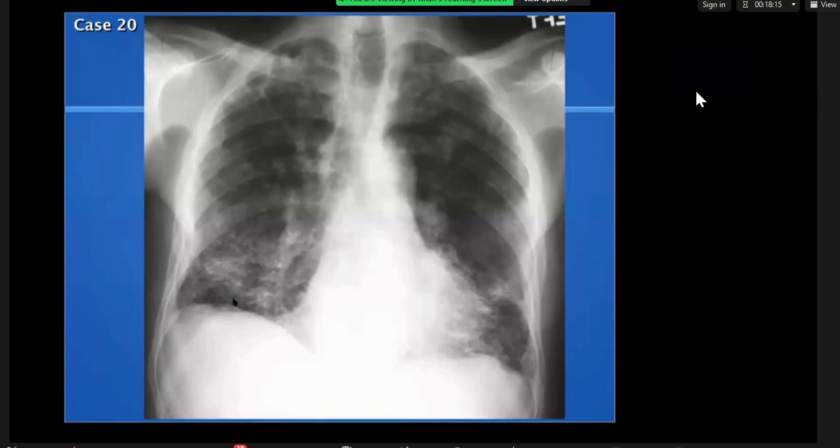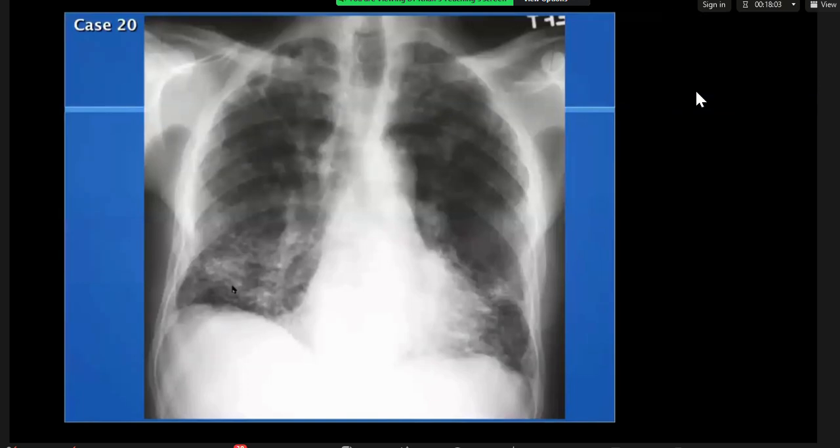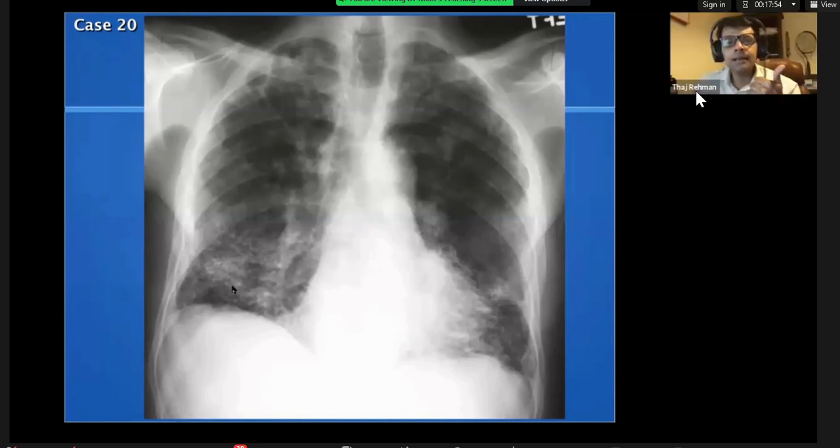It seems like reticulonodular on my screen. Very good. Yeah. Bilateral basal reticulonodular opacities. So differentials? It would be lower zone fibrosis, UIP pattern or NSIP pattern. Looking specifically now, there is something else in the X-ray that can take you to a diagnosis.